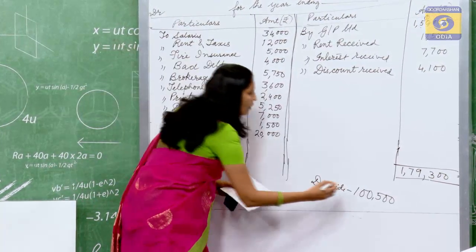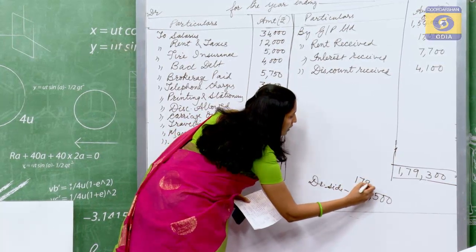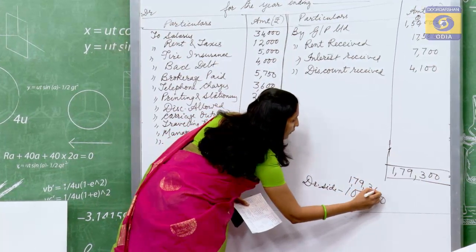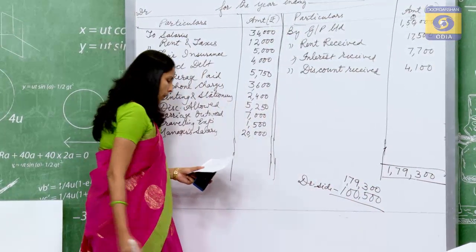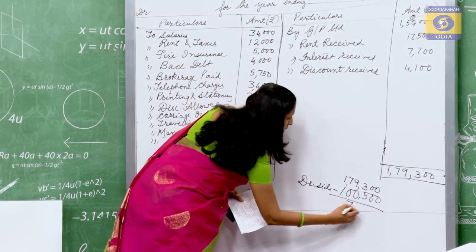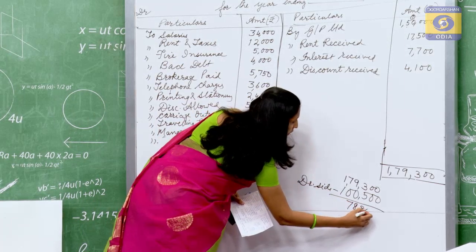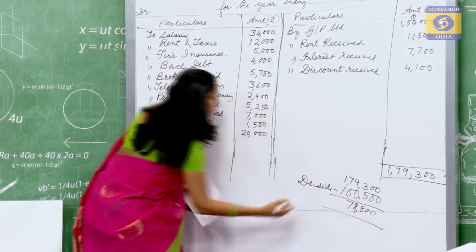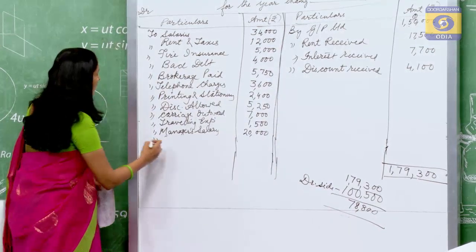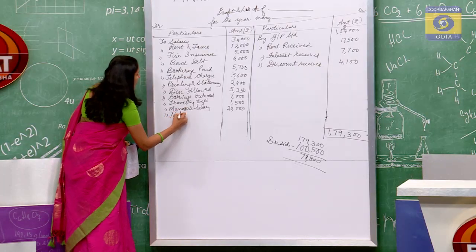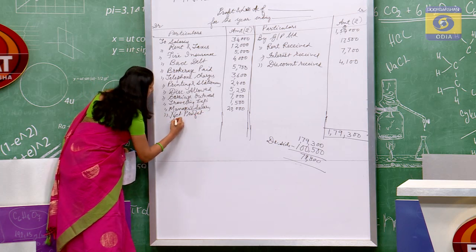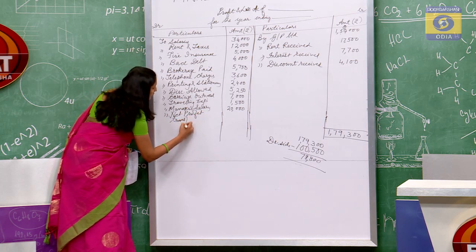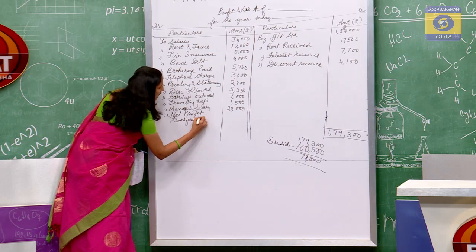So what is the amount of net profit? 1,79,300 minus 1,05,000, and that should come to 78,800. So we have a net profit. So we will write over here, to net profit transferred to capital account.